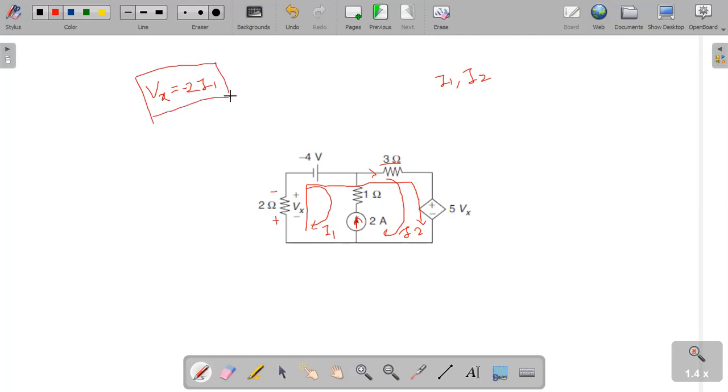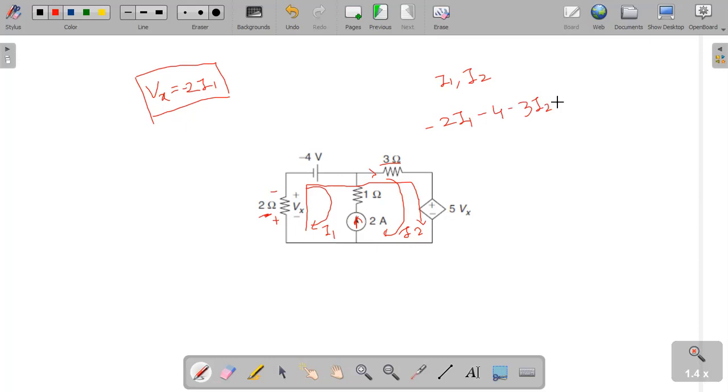Okay, now let us apply the KVL to the super mesh, or the entire outer loop. Starting from this 2 ohm resistor, I will get minus 2I1. Then here I have a positive sign, but the value of voltage is minus 4, so I will have minus 4 over here. Then across the resistor of 3 ohm, the drop is minus 3I2.